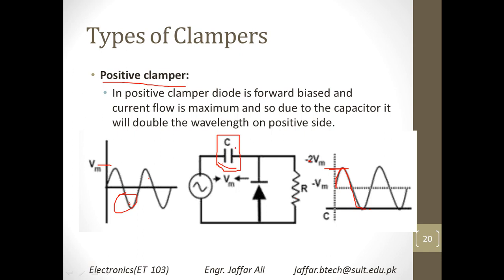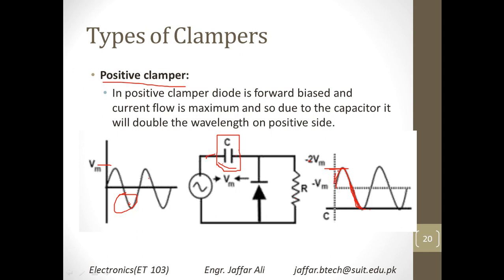Basically the capacitor works on charging and discharging, and when it gets charged, it puts extra charge in the current. So the value of the signal increases, as the charge stored in the capacitor is added with the input voltage.